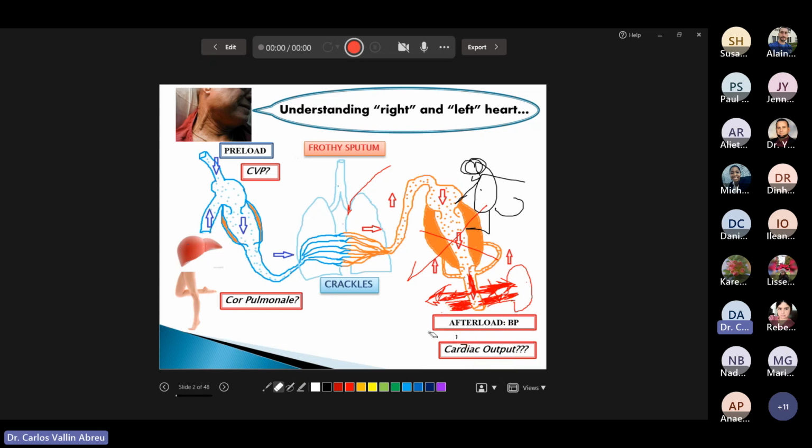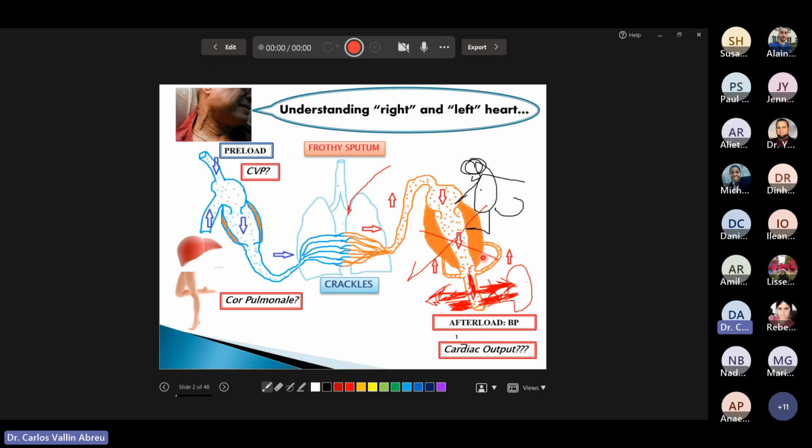Pay attention that when we have a person with heart failure, generally both sides, the left and the right, are sick at the same time. But NCLEX generally wants you to discriminate, to tell apart which signs and symptoms are due to the failure of the pump on the right and which are due to the failure of pumping on the left.